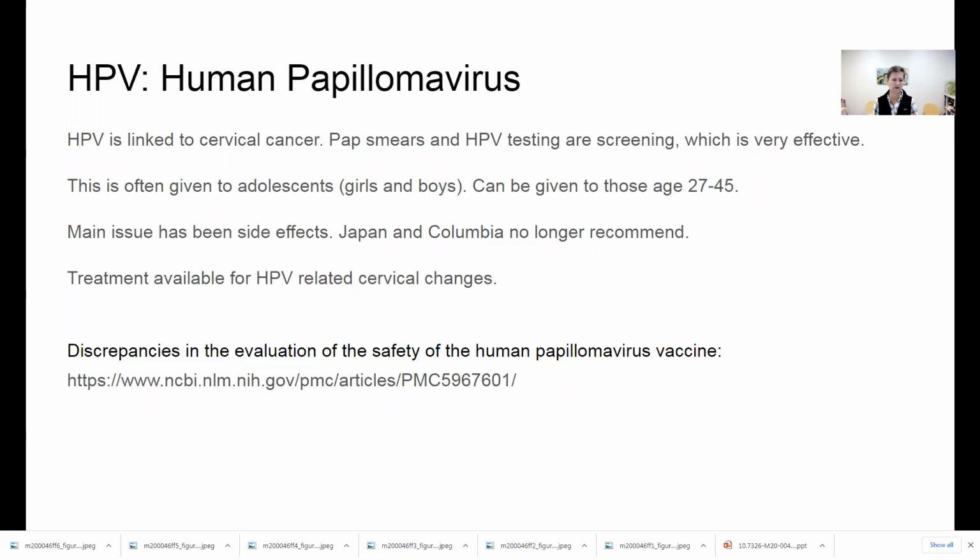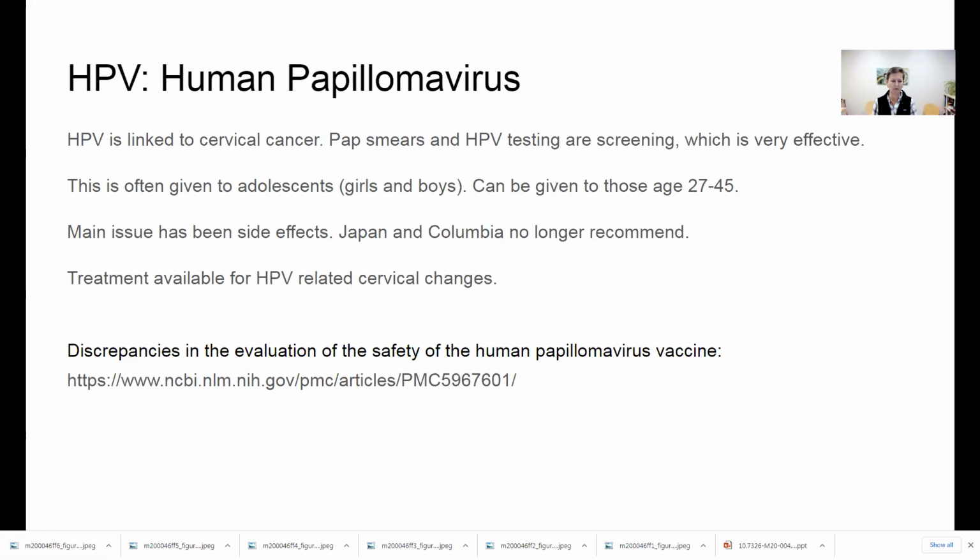And the other thing to think about when we talk about all these things is, if you get tetanus, you can die from tetanus. We know that. And so getting that is, I would argue, kind of a no-brainer. When it comes to something like HPV, we have treatment available and we have screening available.